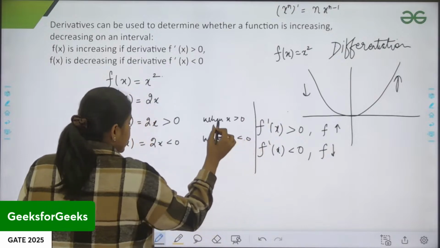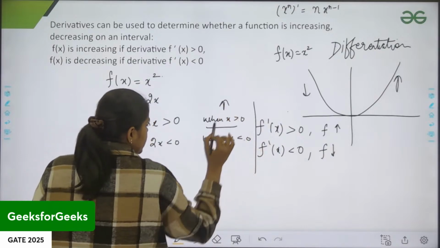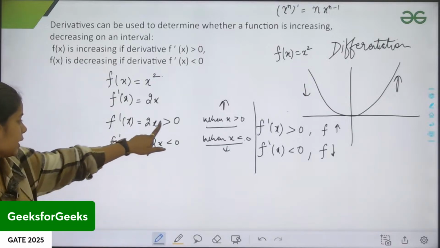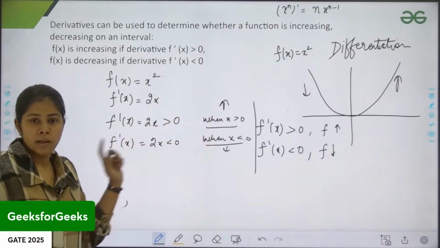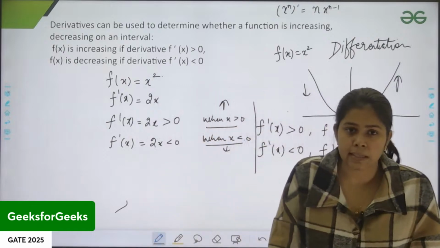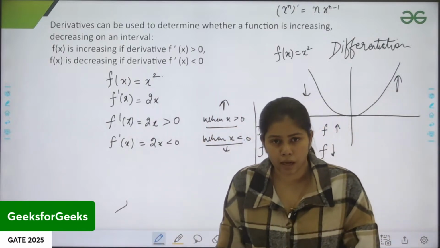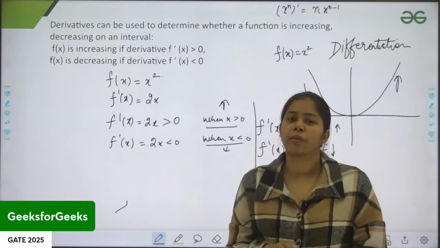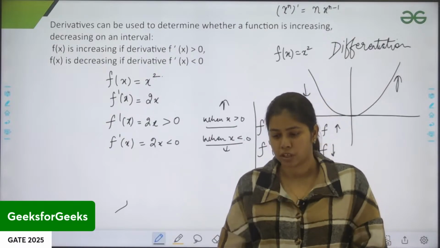So I can see that when x is greater than 0, my function is increasing. When x is less than 0, my function is decreasing, because derivative is greater than 0 when my x value is greater than 0. So now you can see that without looking at a graph, just checking out the derivative, I can easily find out where my function is decreasing and where my function is increasing.